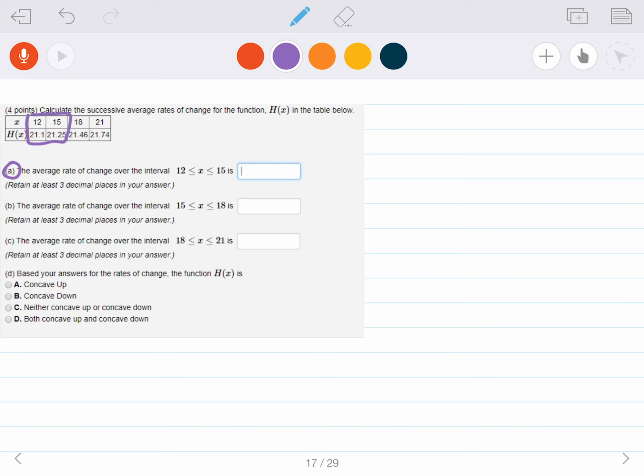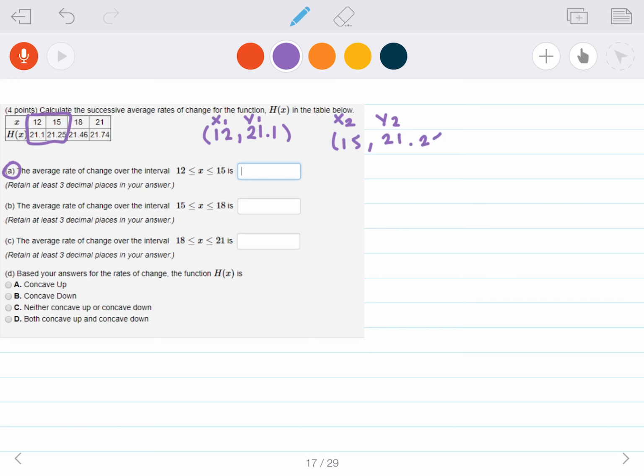All right, and we can write these as ordered pairs. First point is 12, 21.1. So the x and the y value, this is x1, y1. And the second point, x2, y2 is going to be 15, 21.25.